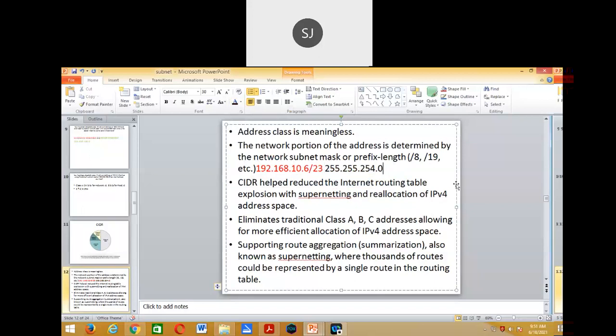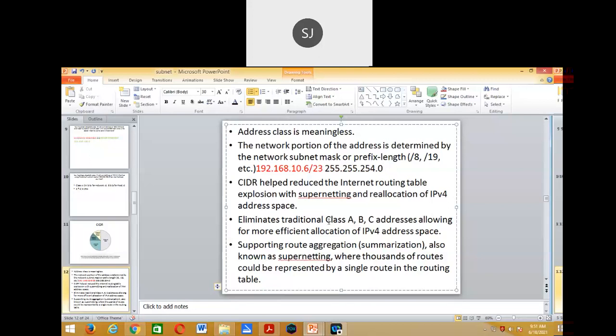Any doubts in understanding this? In the next class we will solve some problems on CIDR. You need to follow the CIDR notation first. Then we will go for supernetting.